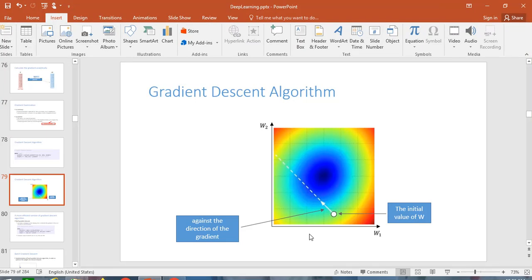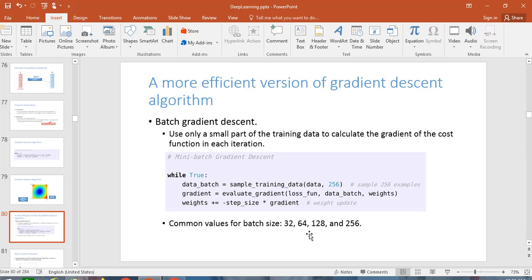This algorithm is not efficient because in every step you have to use all the data of the training set. Therefore, each step takes a long time and the cost of these calculations increases. Because of this, they usually divide the training set into batches.